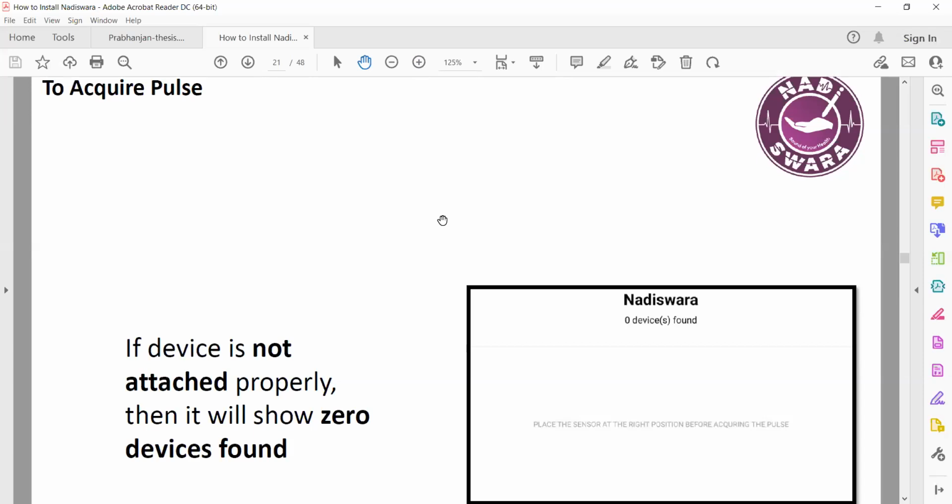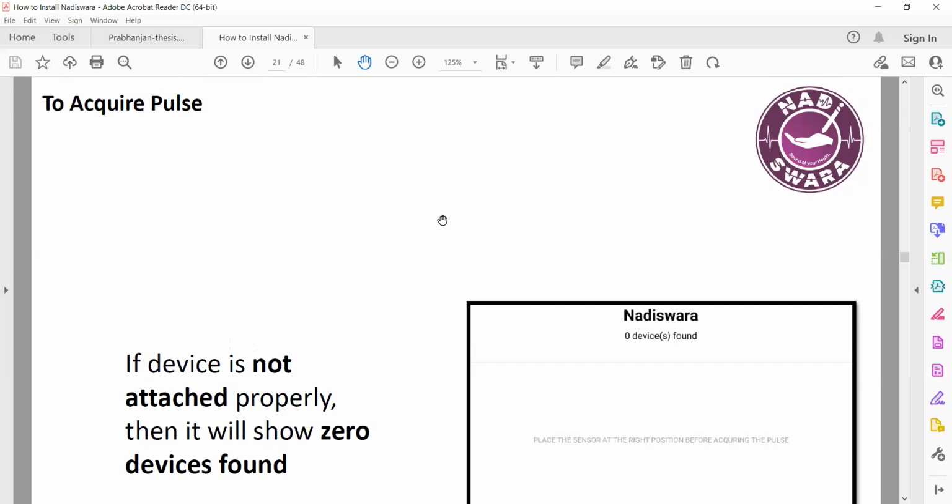Yes, good evening, everybody. So as soon as we connect the device to the application, the application will pop up automatically.